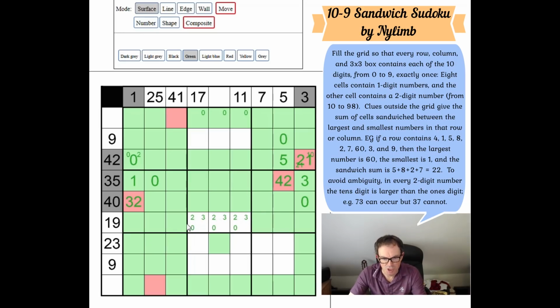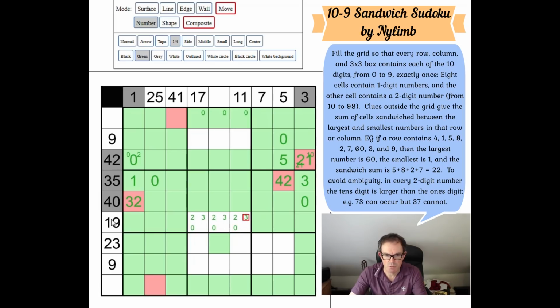Right, here's some logic. In this 19 row, we know that the 2-digit sum is somewhere along here, one of these 3, and we know the 0 is in one of these 3. So those 2 cells must coincide, otherwise we're going to have too small a sandwich.